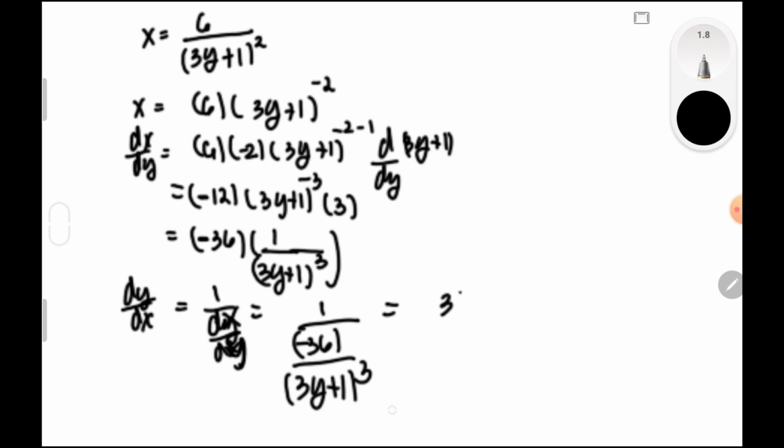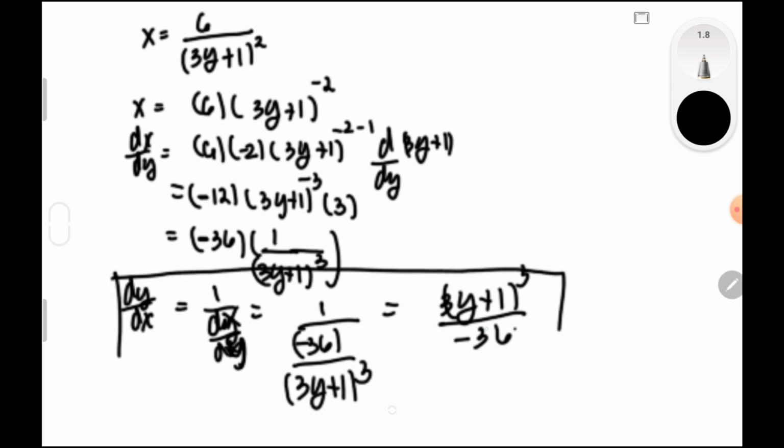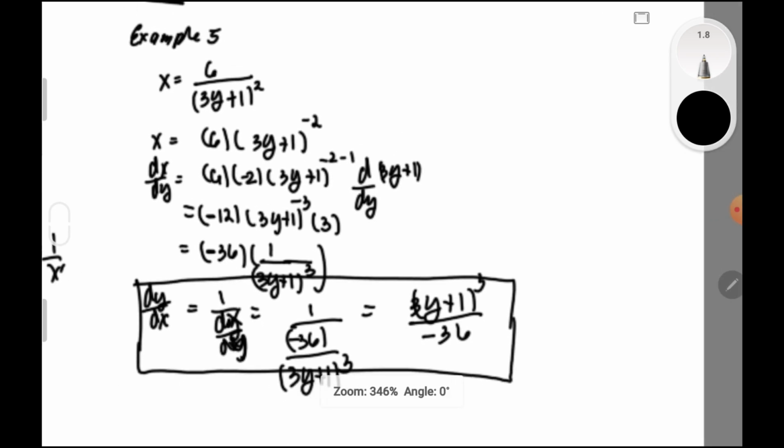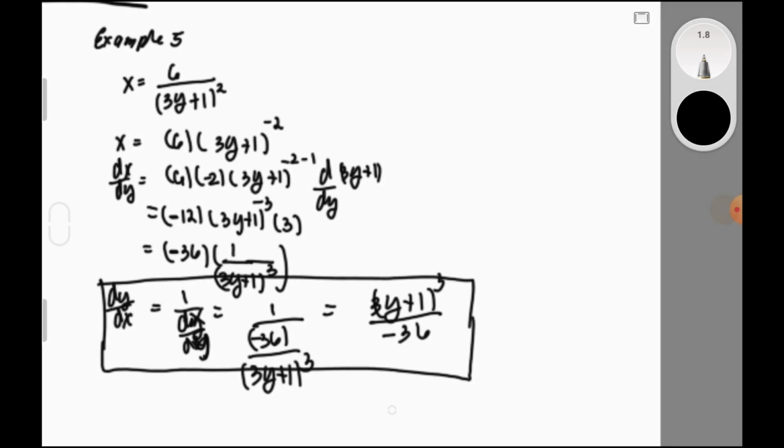So ito. Okay, so that is equal to 3y plus 1 raised to 3 divided by negative 36. Okay, so that would be our dy over dx. That is our example number 5.